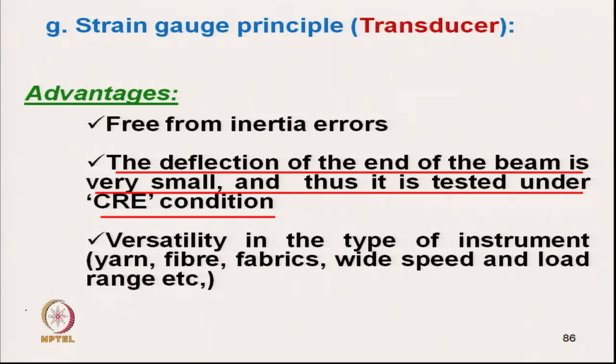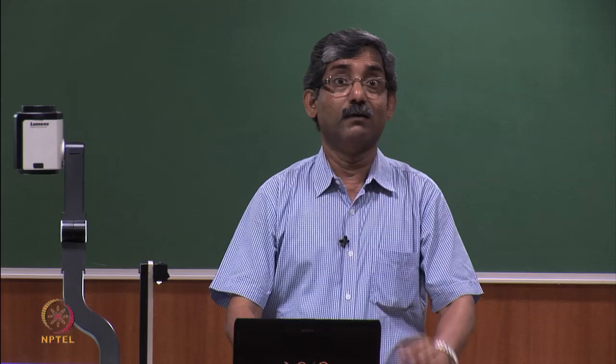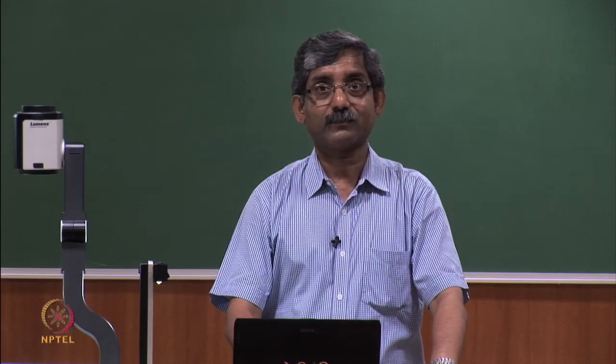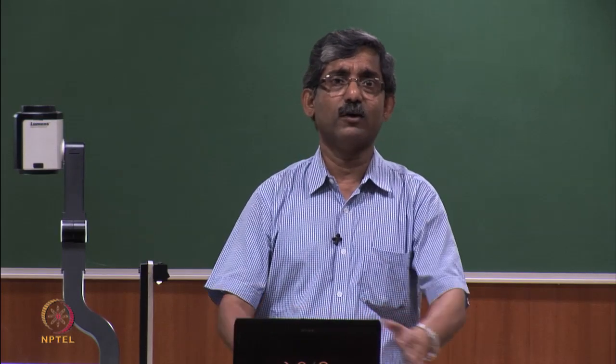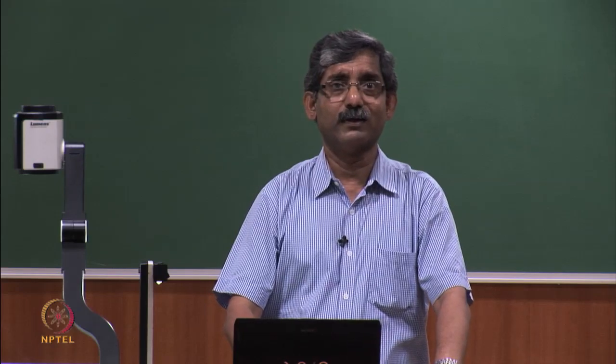Here we can test yarn, fiber, fabric at a wide speed limit and with a wide load range. That is why the strain gauge principle is used for most modern textile tensile testers with a wide range of load requirement.